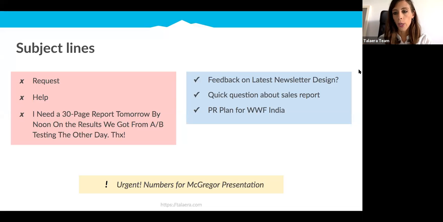Or quick question about sales report. Super straightforward. Or PR plan for WWF India. It's super clear what you have in there, and people already know what you're going to talk about, so it will be much easier for them to understand what your point is.